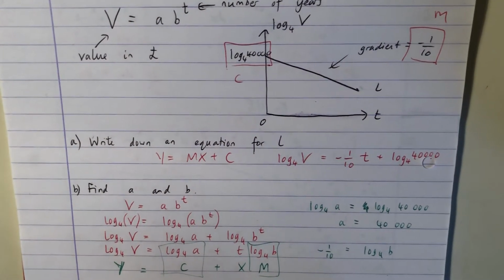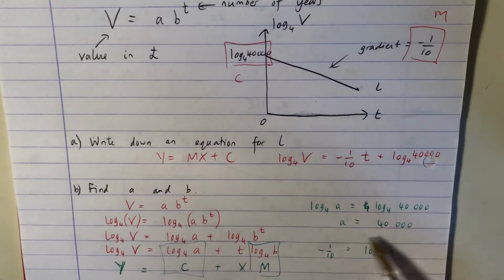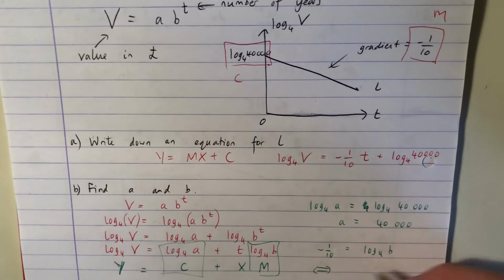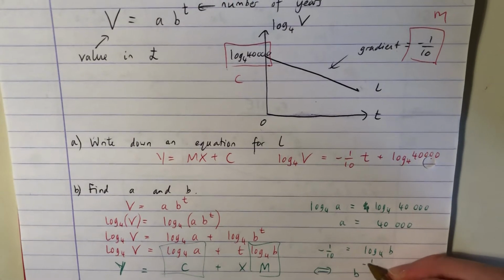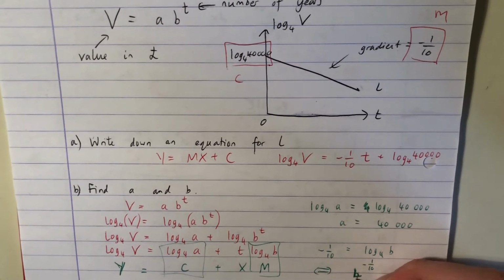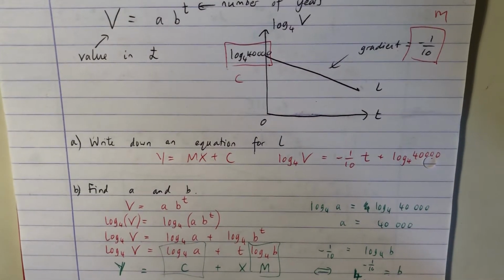And then you want to write it as an exact answer. So log rule says this is equivalent to the base 4 to this power minus 1/10. Base 4 to this power minus 1/10 is equal to b. So b is equal to 4 to the power of minus 1/10.